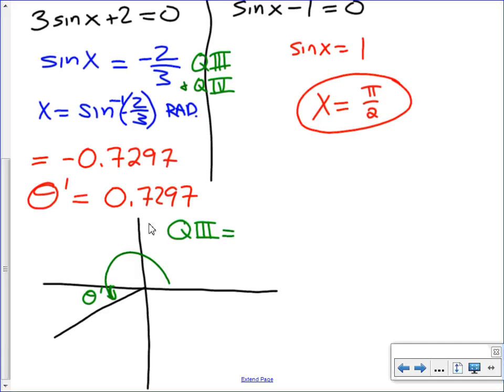So you take your reference angle plus pi, which is 0.7297 plus 3.14. Just use 3.14 for pi. Does that make sense? In quadrant 3, you have to go all the way around to pi plus the reference angle.